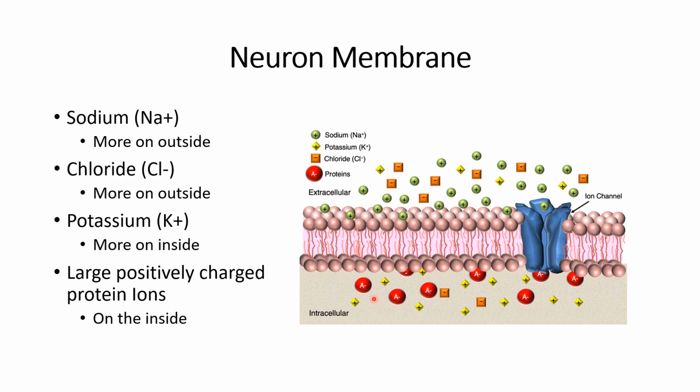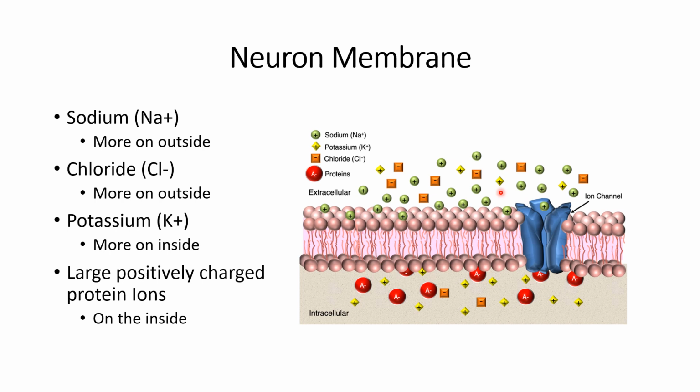Now on the inside, what we have are these big protein molecules, just different types of protein molecules that have a negative charge. These guys are pretty big, and their negative charge is pretty strong. We also see that there's a lot more potassium inside of the cell than there is outside of the cell. A lot more of these little yellow guys on the inside.